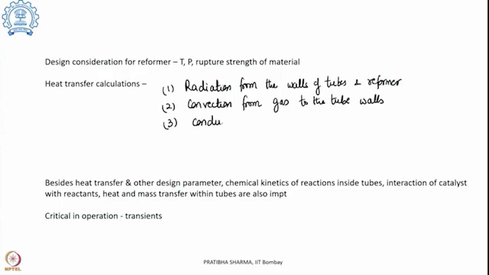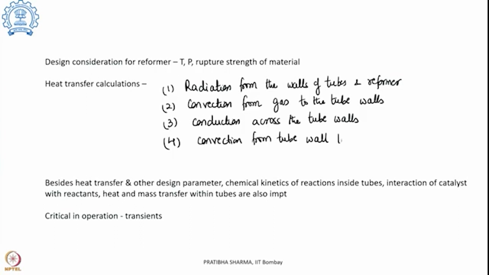Conduction across the tube walls. Convection from tube walls across the catalyst bed to the catalyst and to the reactants. So, all these aspects need to be taken care of while designing the reformer and reformer tubes.